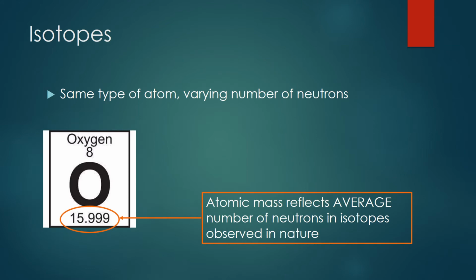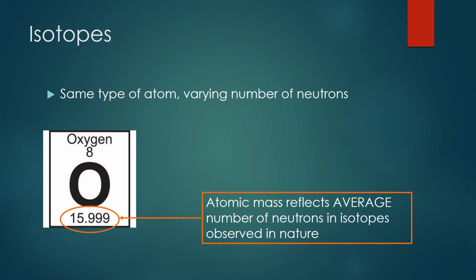You may have been wondering why the atomic mass has many digits, 15.999 for oxygen. This is because isotopes exist, and an isotope is when the same type of atom, defined by its number of protons, has varying number of neutrons in the nucleus of the atom.